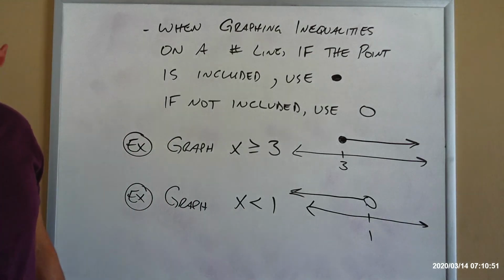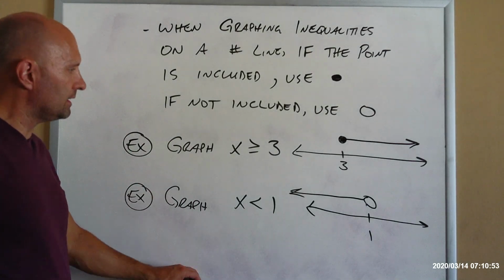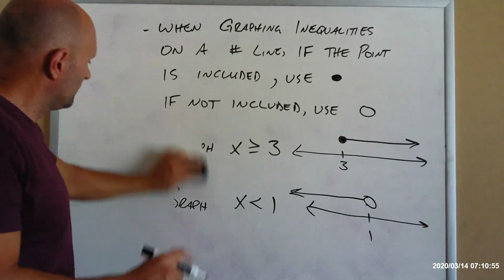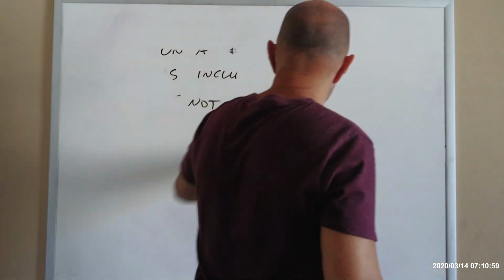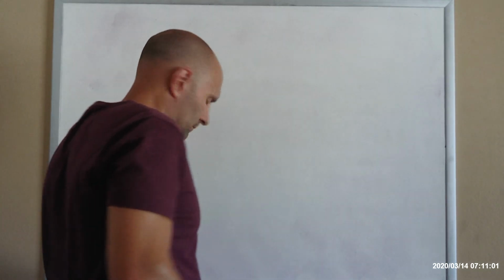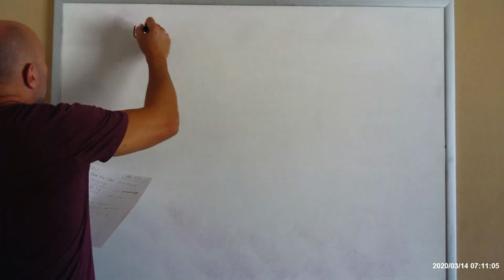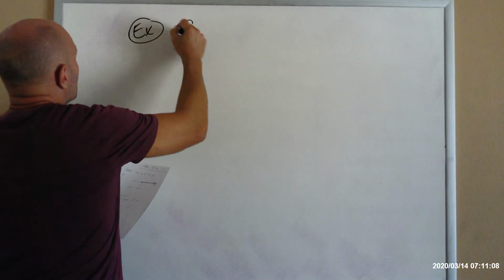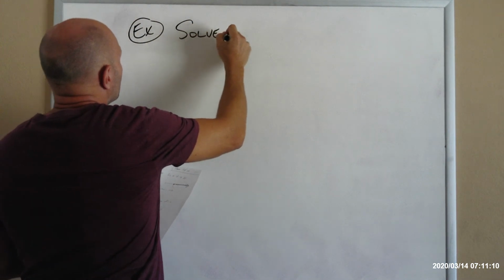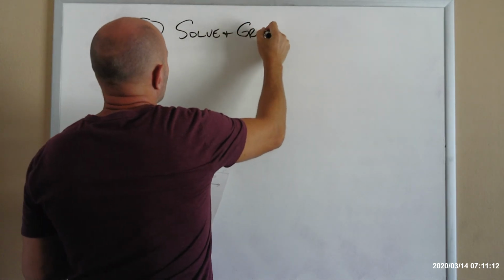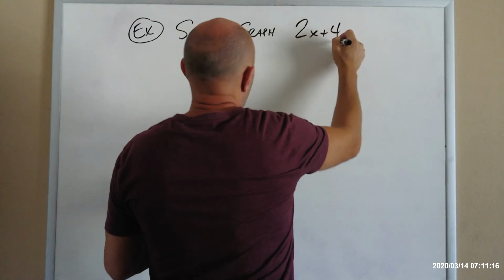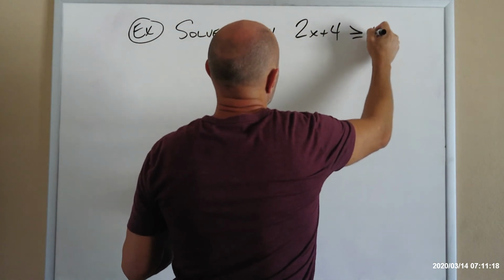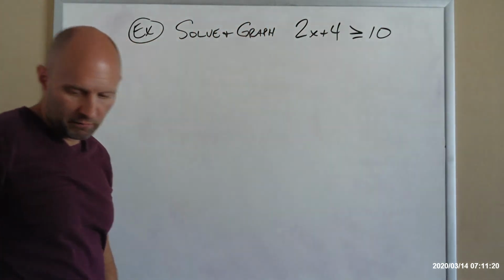All right, so that's sort of our notation, the math we have to be careful with. So let's go ahead and work one of these problems. So let's solve and graph 2x plus 4 is greater than or equal to 10.